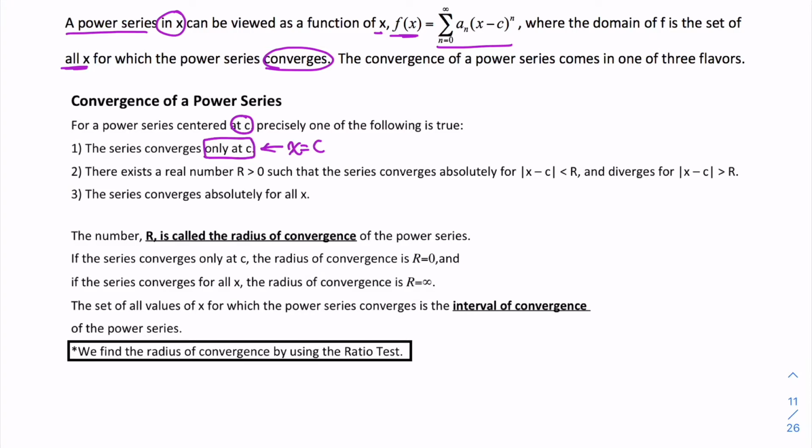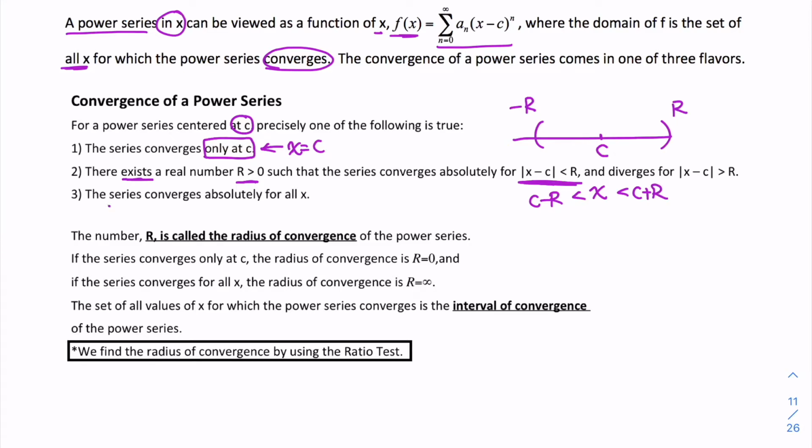Second case, there exists a real number R such that the series converges absolutely when the absolute value of x minus c is less than R, and diverges when this is greater than R. So this is the center c. The difference between x and c has to be in this interval. So x has to be between c minus R and c plus R. Only in this interval will it converge.